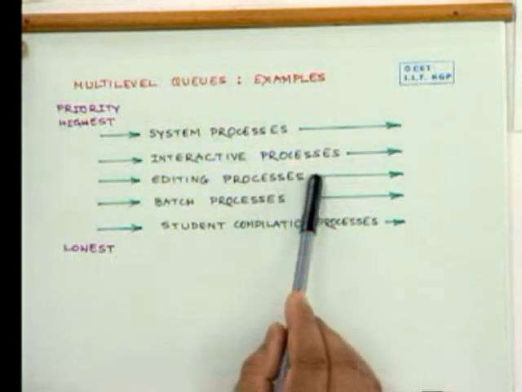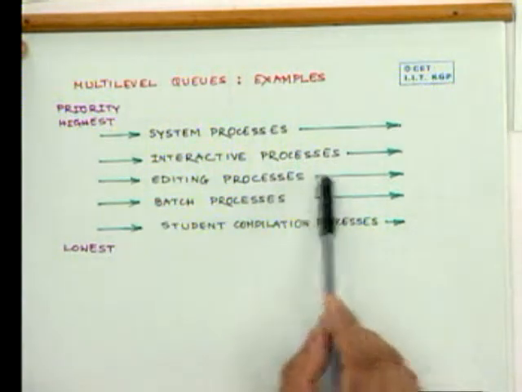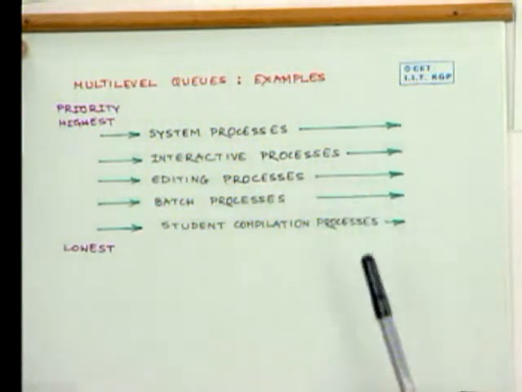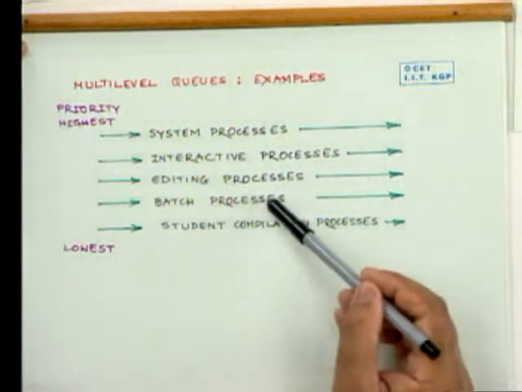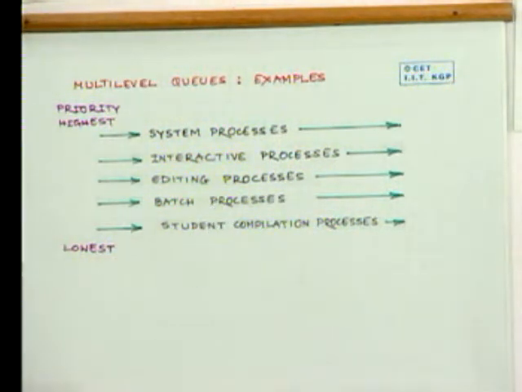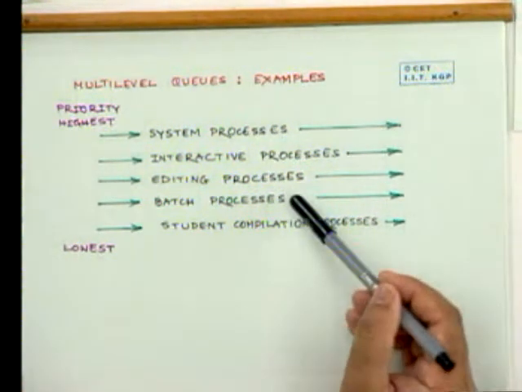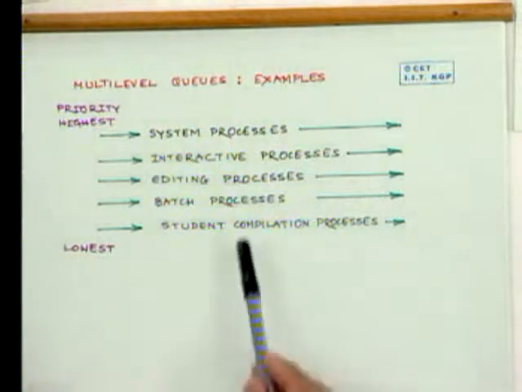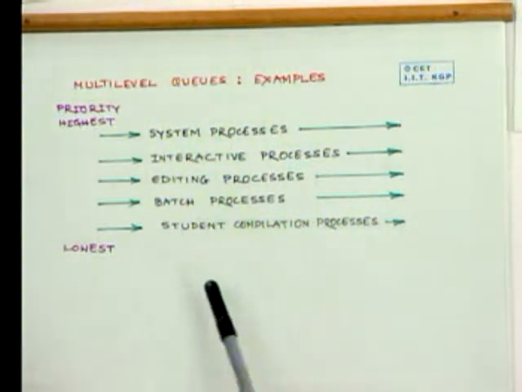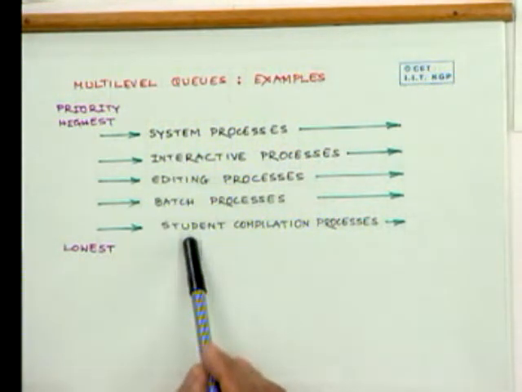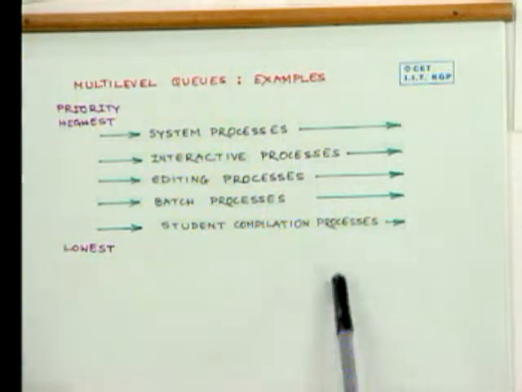These are also interactive processes, and therefore they should have sufficiently high priority. Next are the batch processes. Here the response time criterion is not there, and therefore they can have lower priority. And in this particular system, the students' compilation processes have been given the least priority.